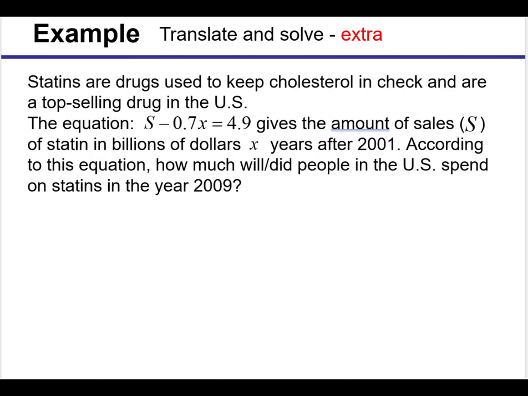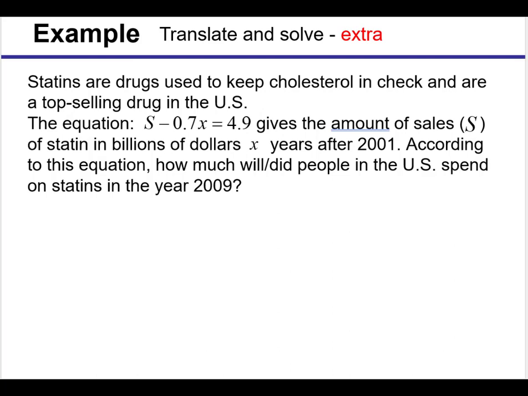So here we go. Let's take a look at this one. Statins are drugs used to keep cholesterol in check and are a top-selling drug in the United States. It's a doctor's drug, so it's not like an illegal drug, but it helps people control the cholesterol that helps their heart.